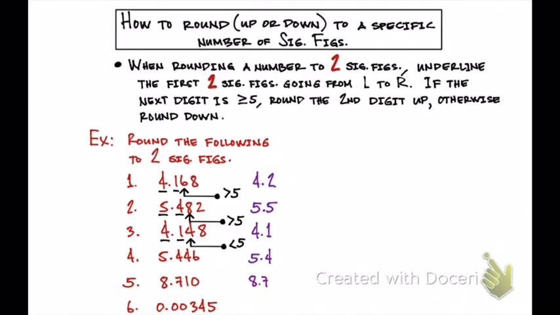And the last one, we have 0.00345. Underline the first two significant figures, and the zeros are leading zeros, so you skip those, and you underline 3 and 4. And then you look at the third number, which is equal to 5. And so we round this up to 0.0035.